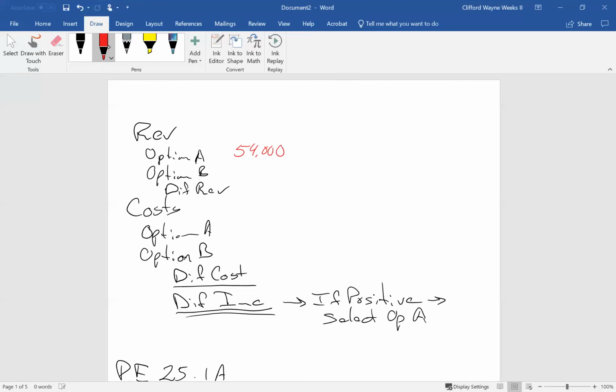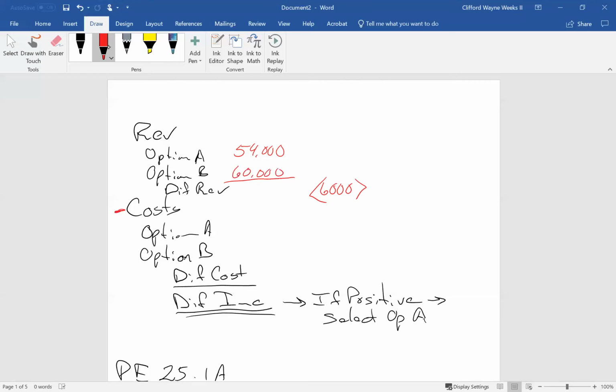However, if we lease this equipment, we can get $60,000. And so we have differential revenues of $6,000 negative.